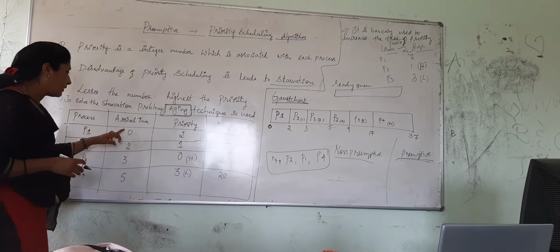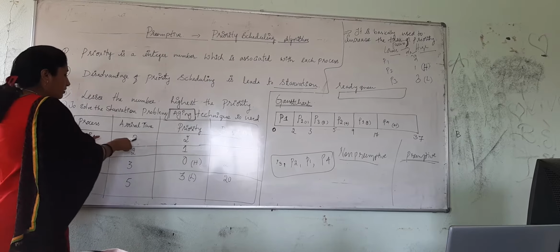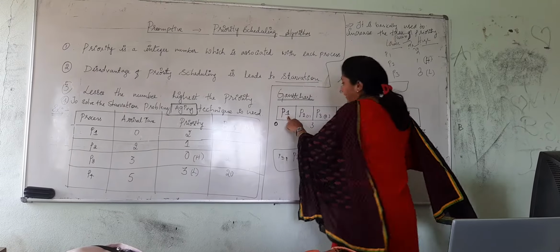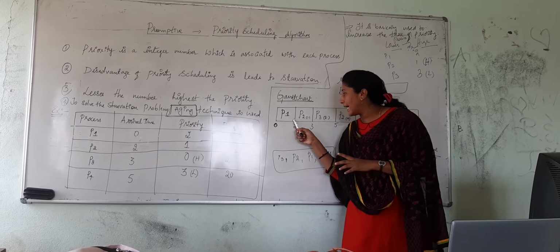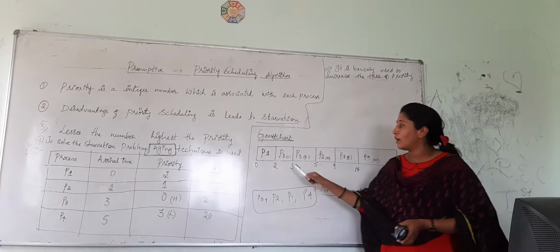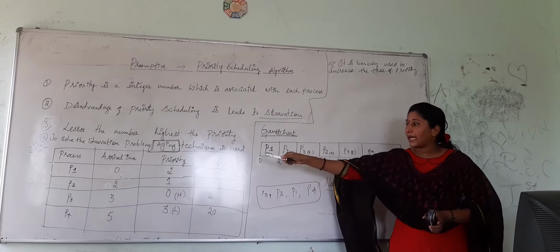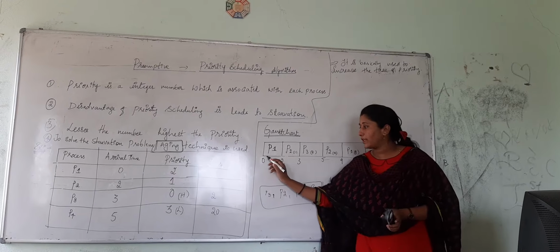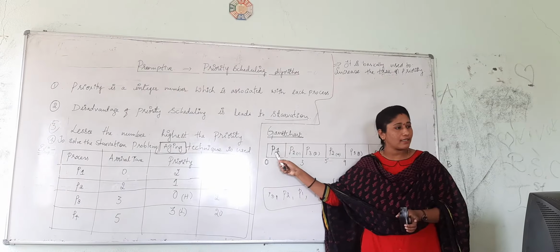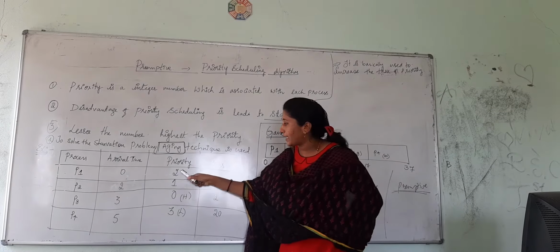So at the 0th millisecond, the process P1 is given the CPU, and it is going to execute. According to our Gantt chart, the arrival time of P1 has begun at 0. P2 has entered the ready queue next, and its priority is 2.